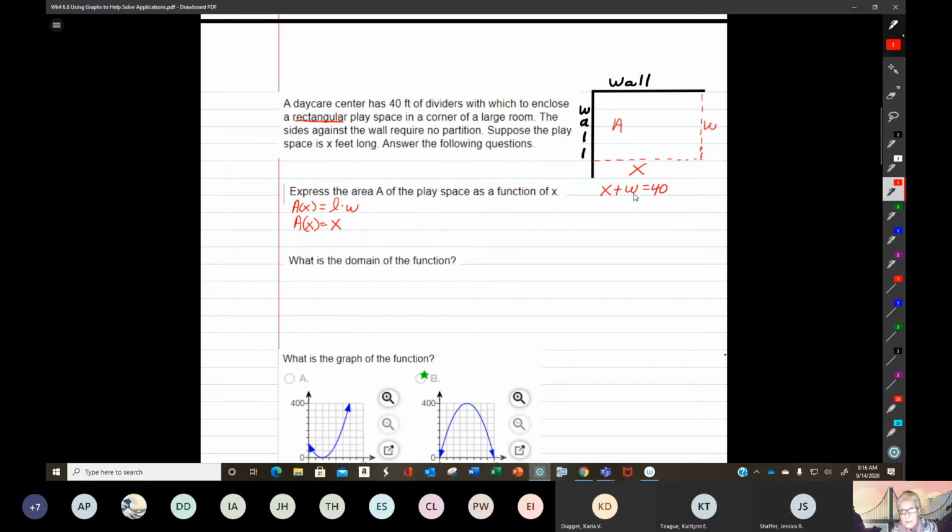So I'm going to have to solve for W and subtract X from both sides.